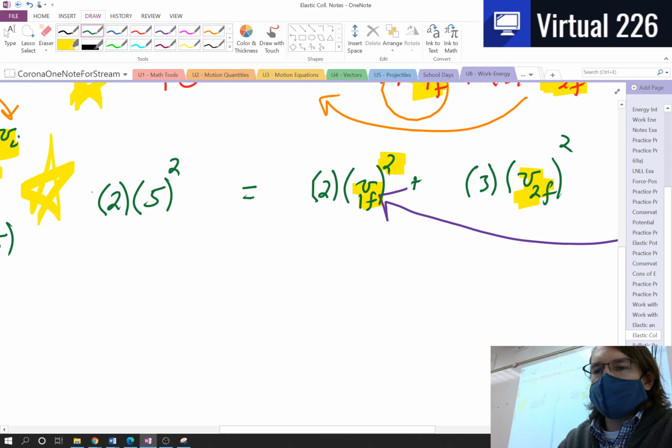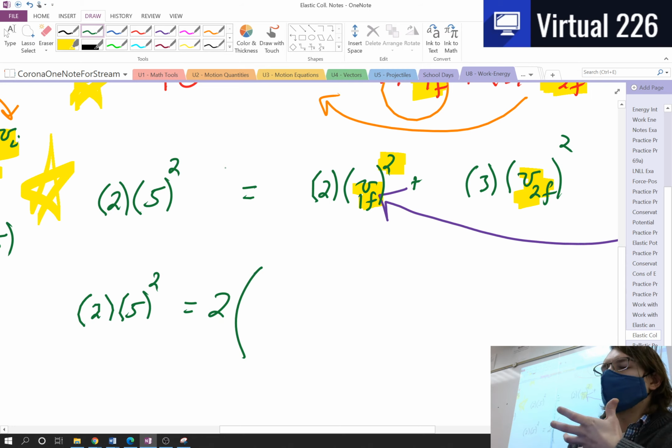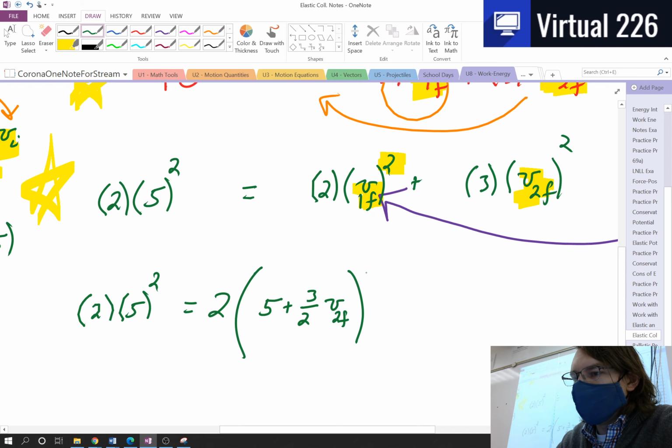So I'm just going to rewrite everything here. I'm going to have 2 times 5 squared, and that's going to equal 2 times, I'm going to put a big parenthesis here because I'm paranoid about parentheses. This is going to be 5 plus 3 halves v2f squared.